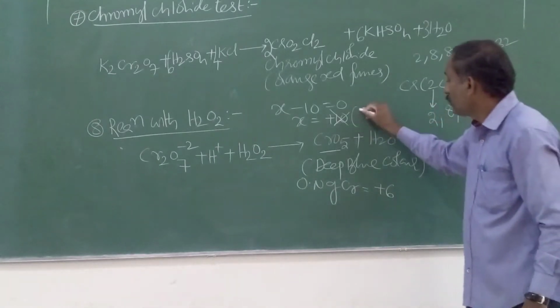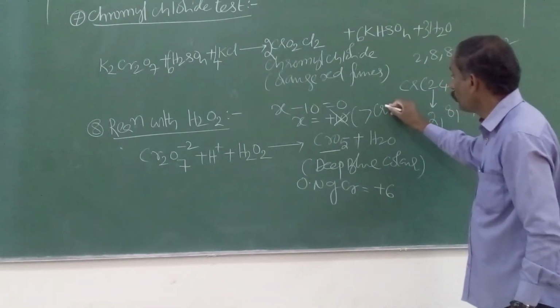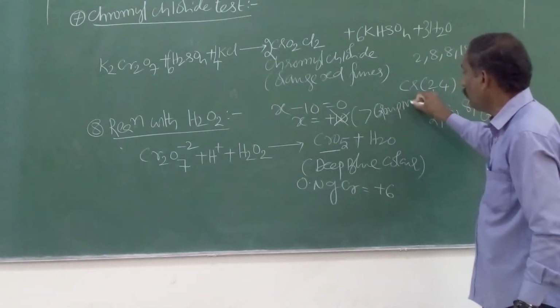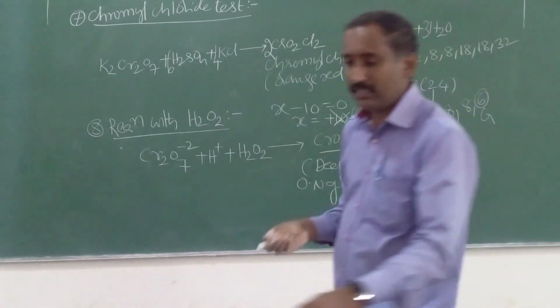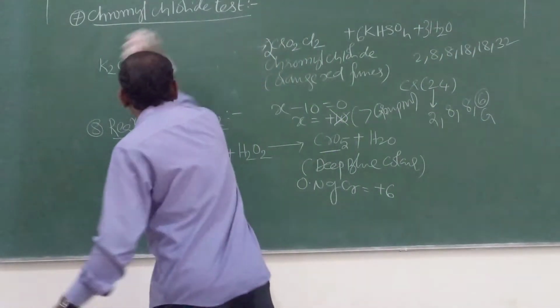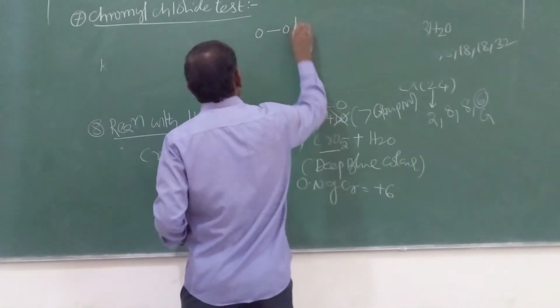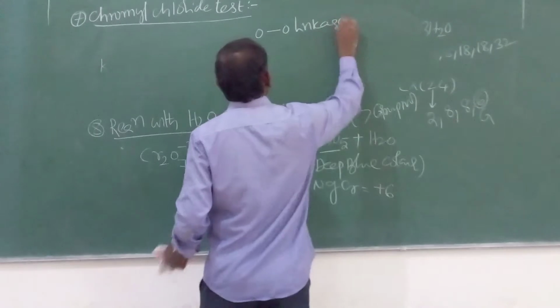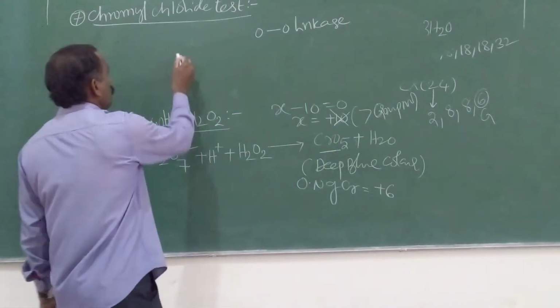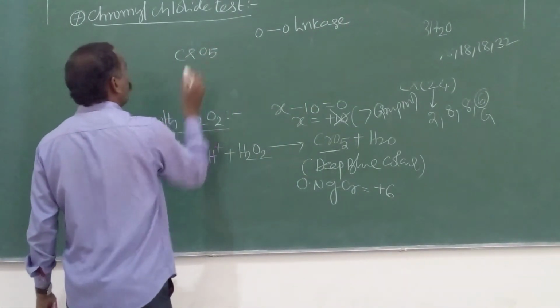But here the oxidation number is more than the group number. In first year we studied that if it is more than the group number in such a compound, a peroxy linkage is there. Peroxy linkage means OO linkage. So in CrO5, an OO linkage is there.